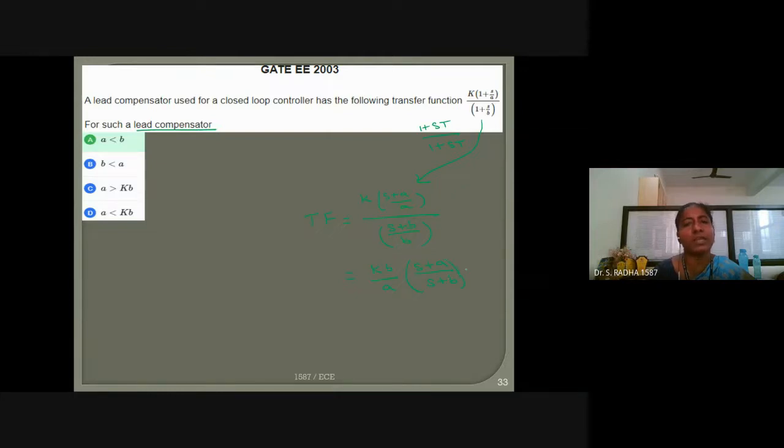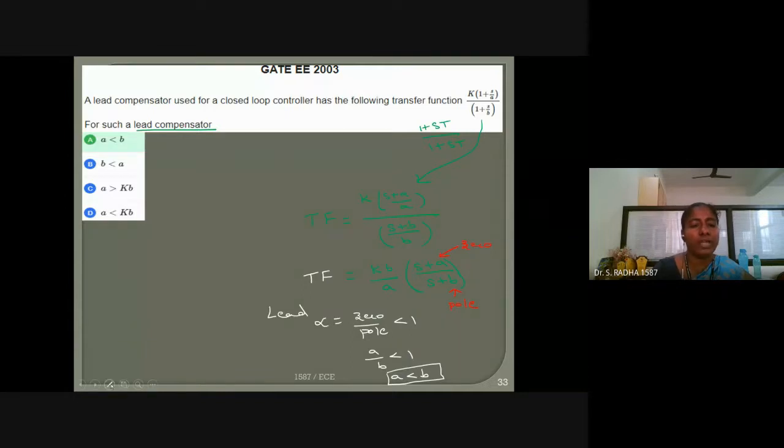Now this is in the normal pole and zero fashion. The numerator gives the zero, the denominator gives the pole. Now, for the lead compensator, alpha is the zero by the pole, a value less than 1. So a by b is less than 1, A is less than b. The transfer function is given in another model, however we have to identify the zero and pole and show that alpha is less than 1. Option A is the correct answer.